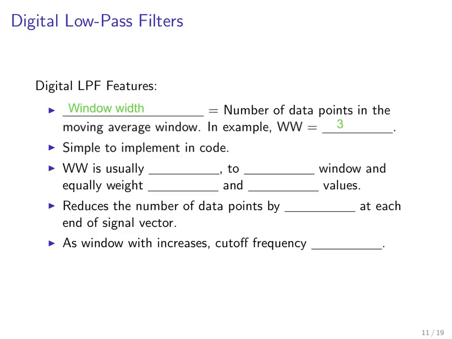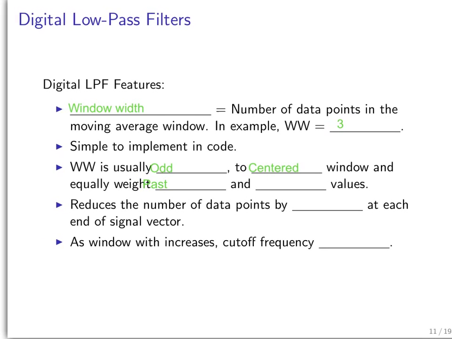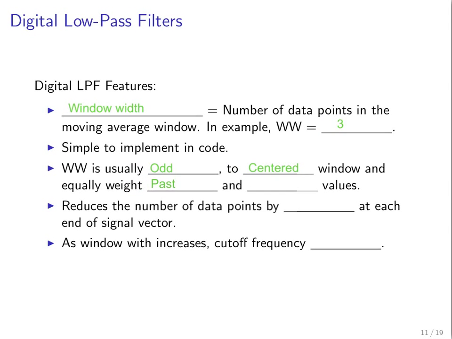The window width is usually set to be odd, and this is simply for interpretation convenience, because if you make it odd, then the window will be centered nicely on a sample of the input signal, and it will equally weight past and future values. That is, it will use the same number of past values as it uses of future values in the moving average calculation.